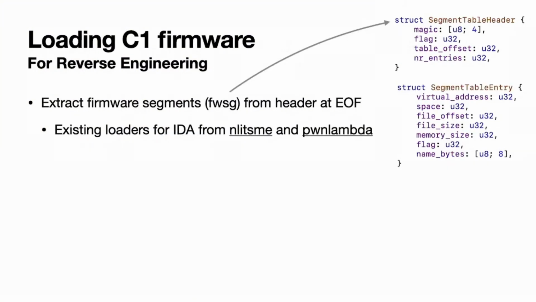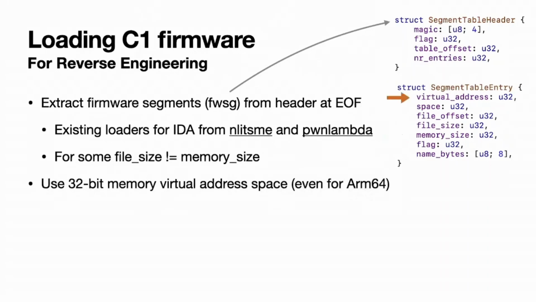And if we now want to load such a file into our reversing tool, we have to take care of a special firmware segment header at the end of the file. It defines how to load basically the code segments and data segments. And there are already some existing IDA loaders for this. And it's important to make sure that the file size could be also smaller than the actual size loaded into memory.